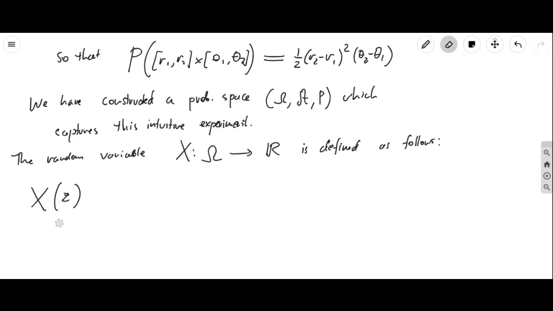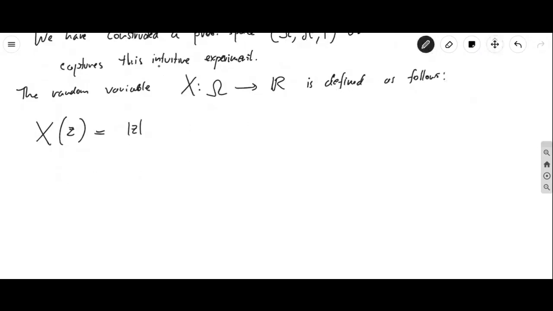So what does it do with that complex number? Well, what it does is it assigns it to its distance from the center. So it just calculates for you the norm, the absolute value of that complex number, and that gives you a real number. So this is what you end up with, okay? So the question then comes up, so this is the question: why is X a random variable?